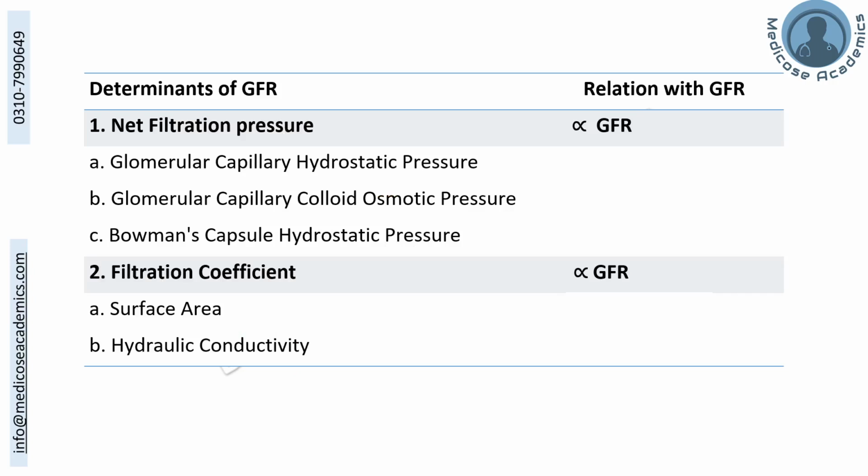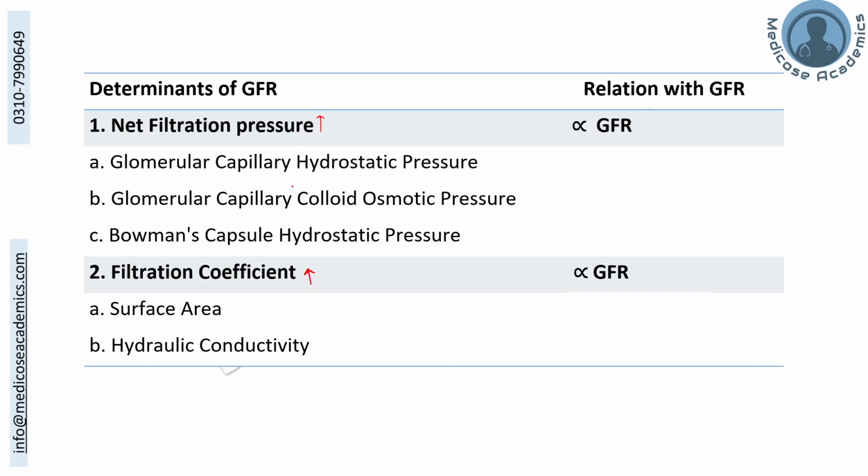So net filtration pressure and filtration coefficient are both determinants of the GFR. In any case in which net filtration pressure is increased, GFR will be increased, and the same for the filtration coefficient: if it increases, GFR is going to increase. Now let's look at which of these Starling forces can change the net filtration pressure.